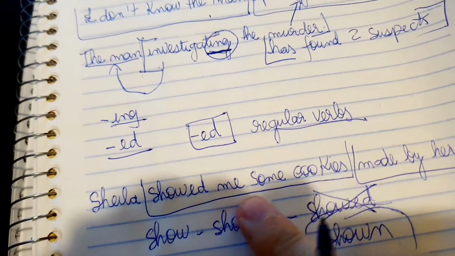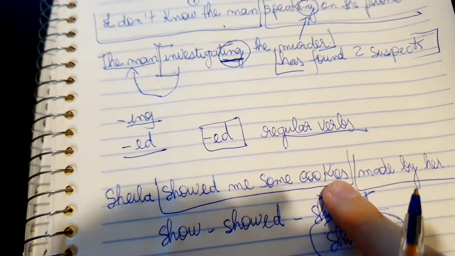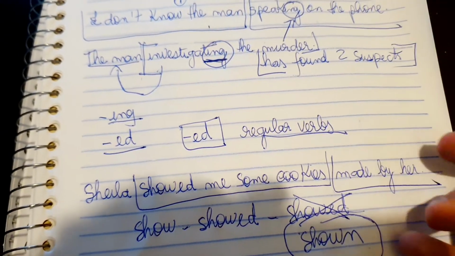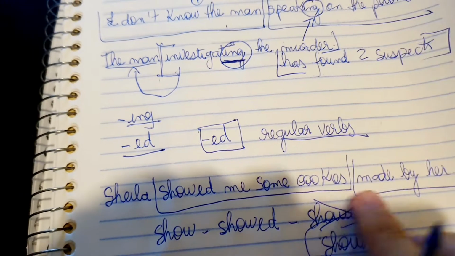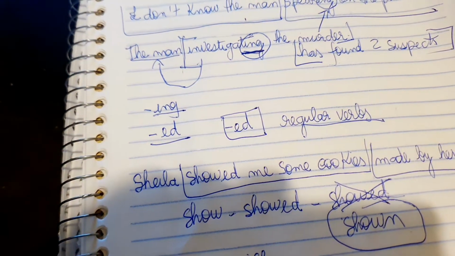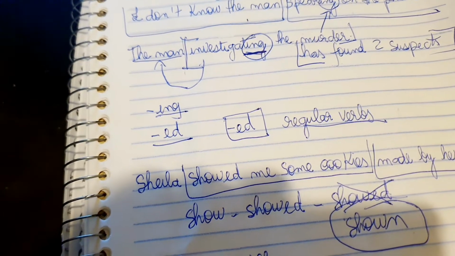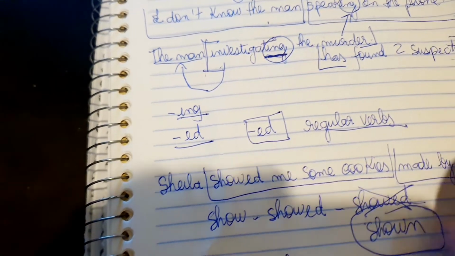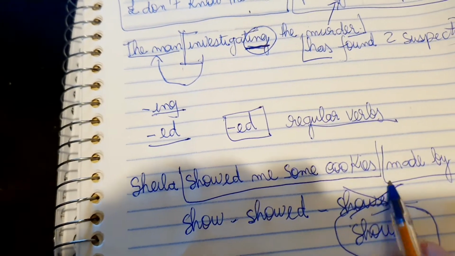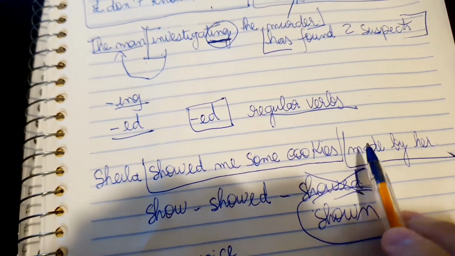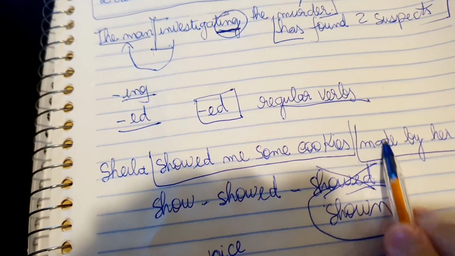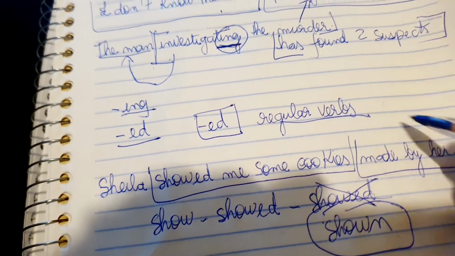Sheila showed me some cookies. So I could say, Sheila, who showed me some cookies? Made by her. You could say that this sentence has two different ideas. First of all, she was responsible for making the cookies, right?